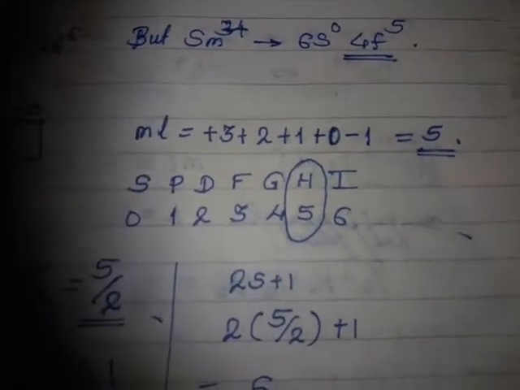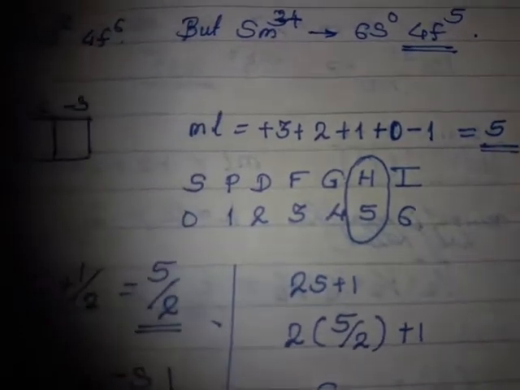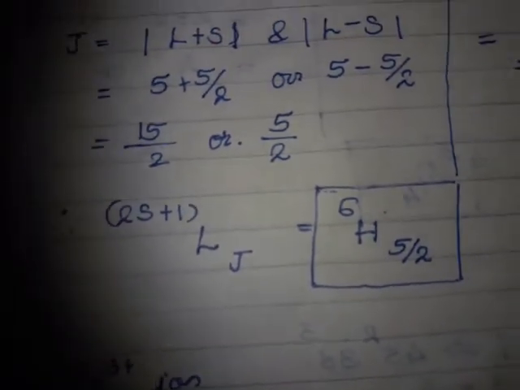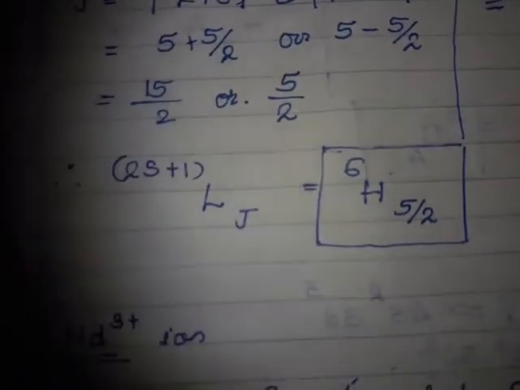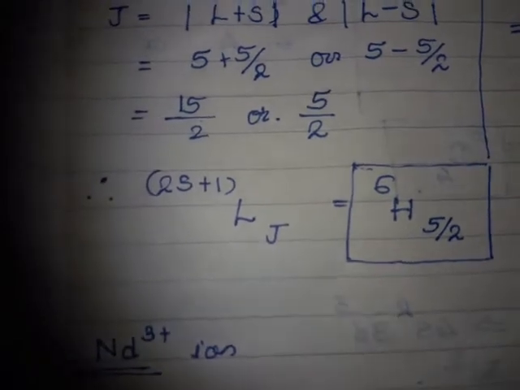L is equal to 5, so the term is H. J is L minus S because the orbital is less than half filled, so J is 5/2.